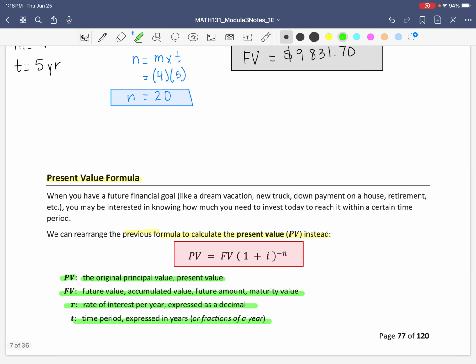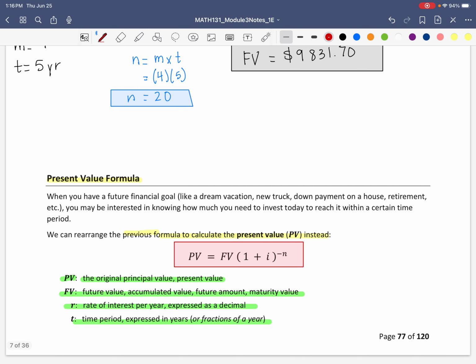And again, similar to before, we have this I value that we need to calculate and then also n. But notice when we rearrange this formula, it's not just the exponent of n, but it's negative n. So we're going to be using a negative exponent as we go into our next set of questions.